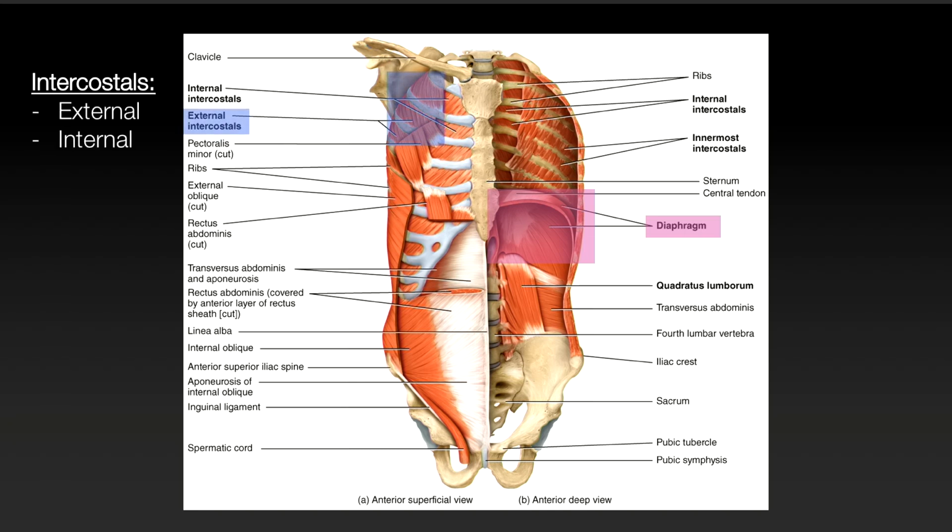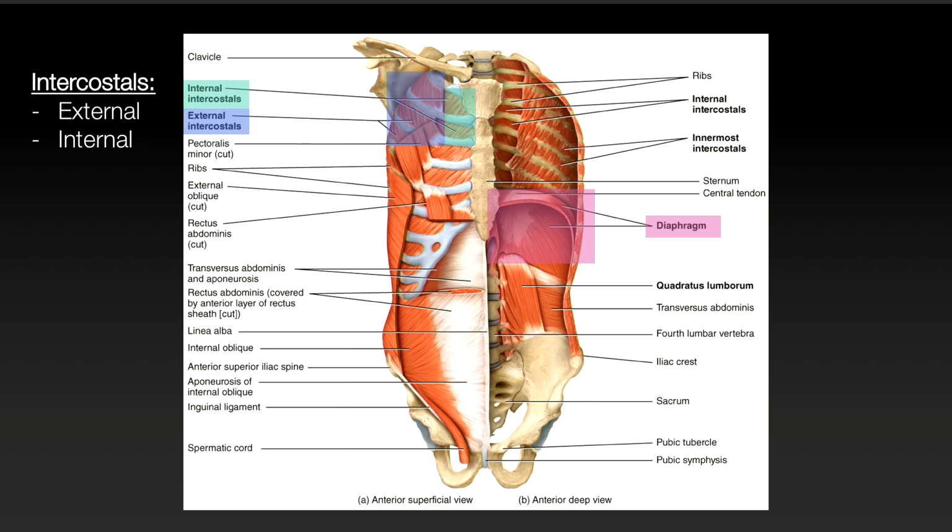But we're going to focus briefly on the external and internal intercostals. The external intercostals are the most superficial intercostals. And where are they? Intercostal, between ribs. Internal intercostals are less superficial, but also between ribs.